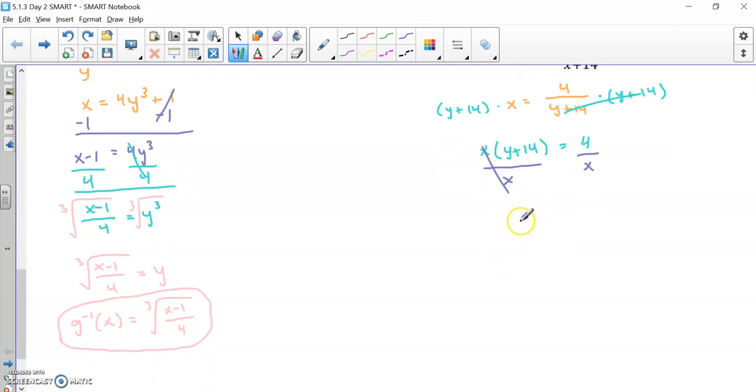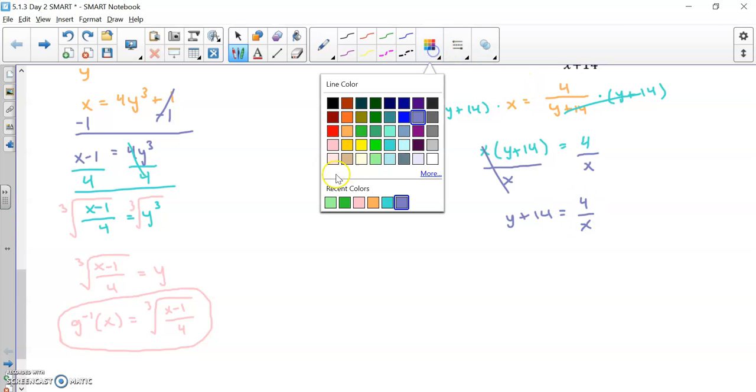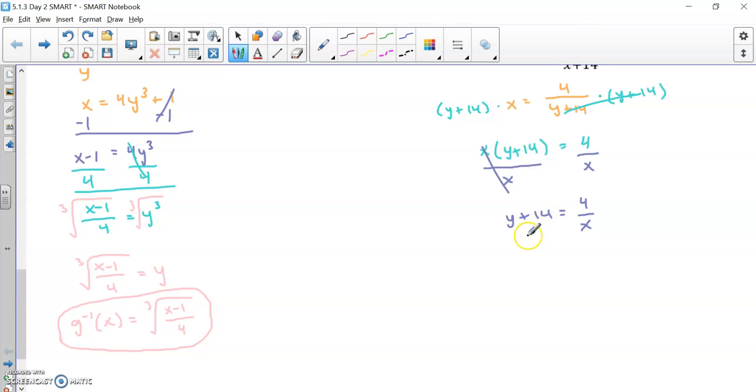So these x's cancel, and we end up with y plus 14 equals 4 over x. Now we just have one last step to get y completely alone, which is to subtract 14 from both sides. So we get y equals 4 over x minus 14.